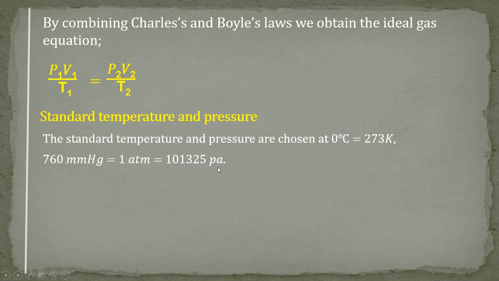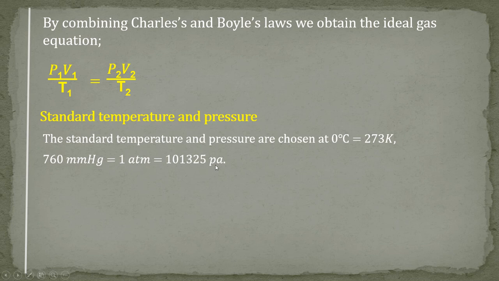This will be given to you, but take note: the standard temperature is 0 degrees Celsius, which is also equal to 273 Kelvin. The pressure is 760 millimeters of mercury, equivalent to 1 atmosphere, or 101,325 pascals.